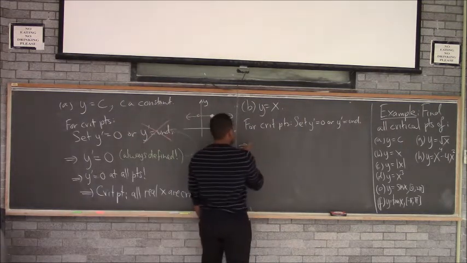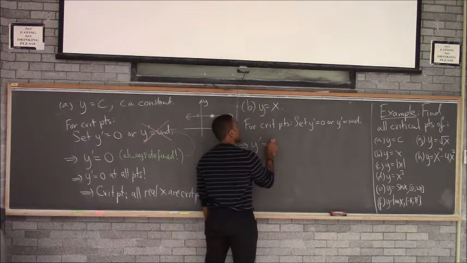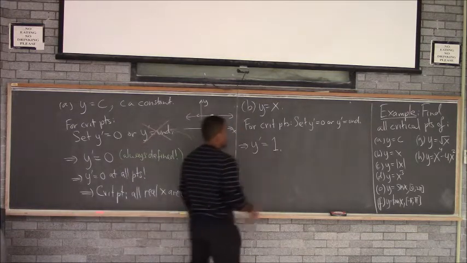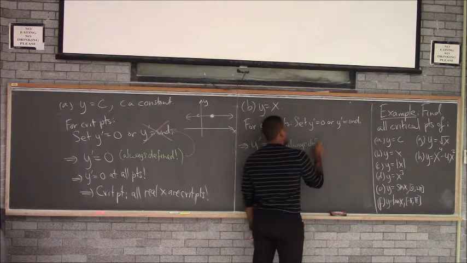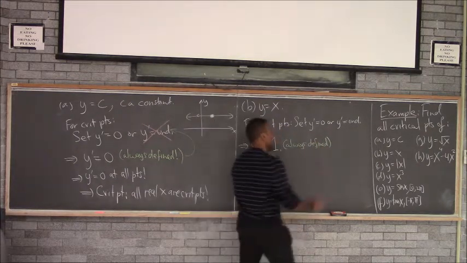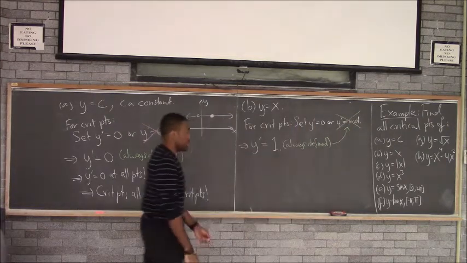Now here, if I find y prime, what is it? 1. Now, this is always defined. I'm writing this in green because you don't have to actually write it out. I mean, you can see it. But I just want to make you aware that that means I do not have to consider that situation.